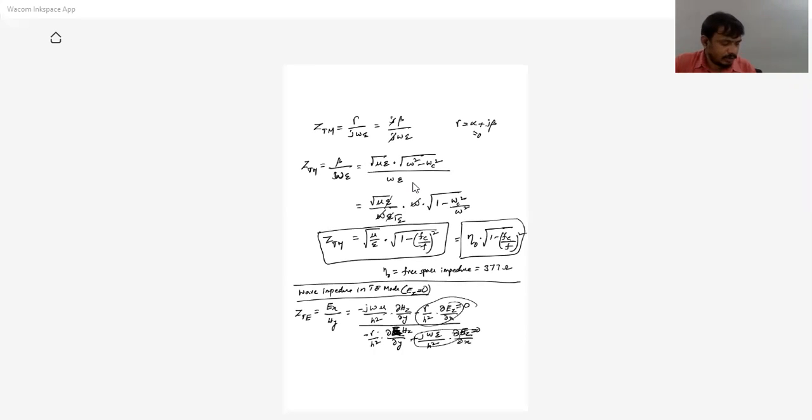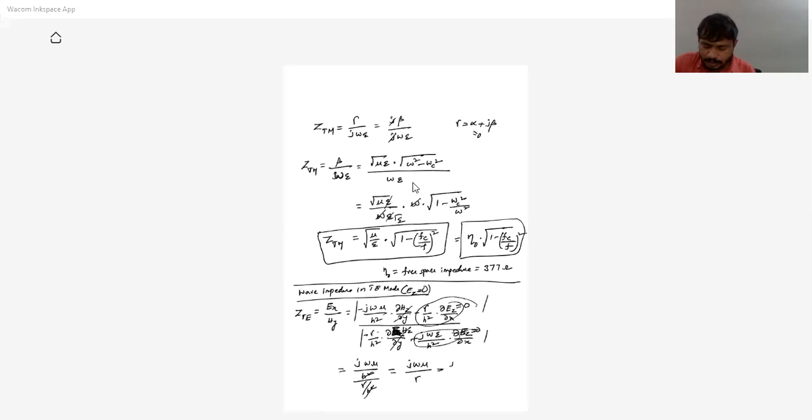Then we can take the modulus, and these also get cancelled. So j omega mu by h square by gamma by h square, this will cancel. This is equal to j omega mu by gamma.